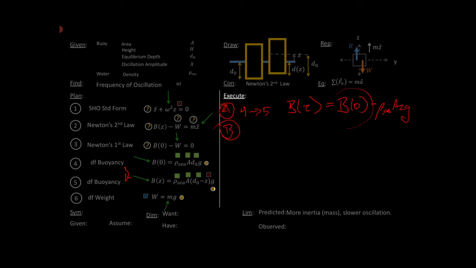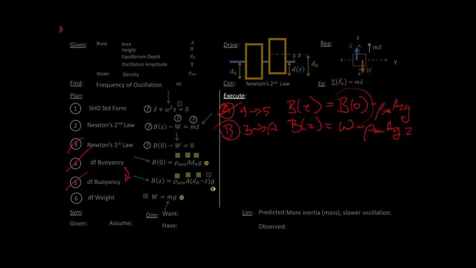Next, we want to substitute 3 into A, 3 being Newton's first law. That just says that this B naught is the weight. So we have the weight minus ρsea AGZ. All right. Oh, I should have marked these off, right? Mark off the ones you use.